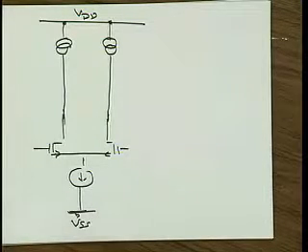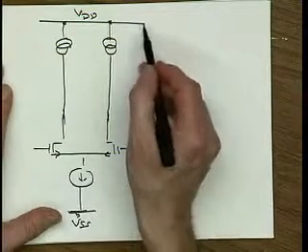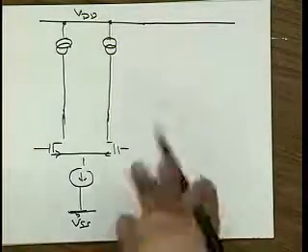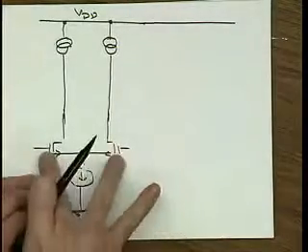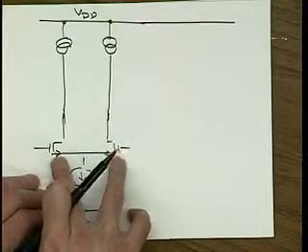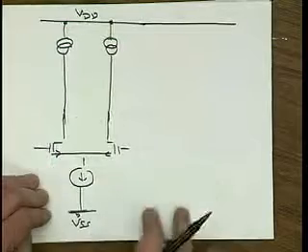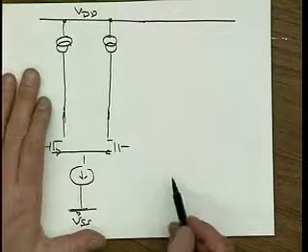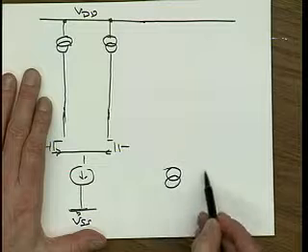So the folded cascode overcomes this problem by folding or mirroring the differential current produced by the diff pair over into another current source. So we put another set of current sources here.